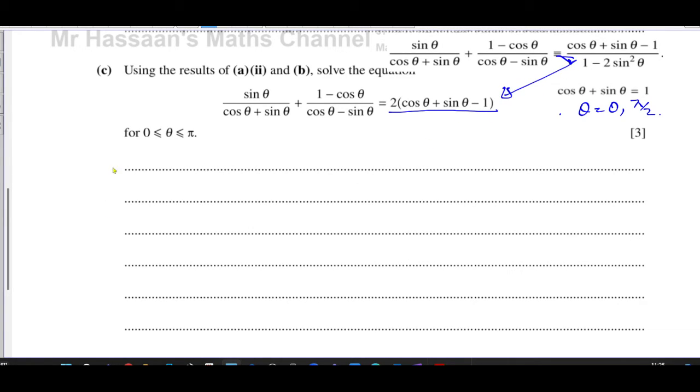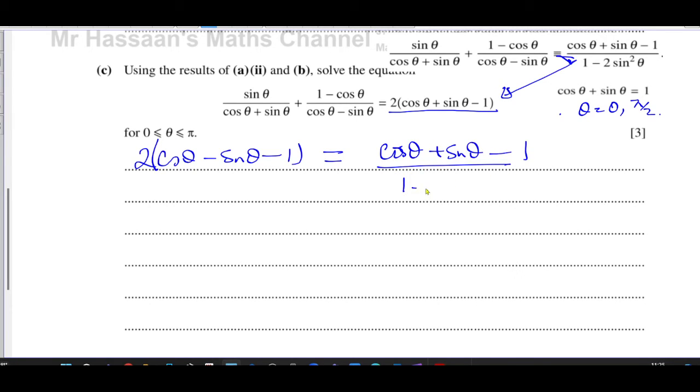So what I can do is say 2 times cosine theta minus sine theta, minus 1, which is in brackets, must be the same as what we have here, which is cosine theta plus sine theta minus 1 over 1 minus 2 sine squared theta.